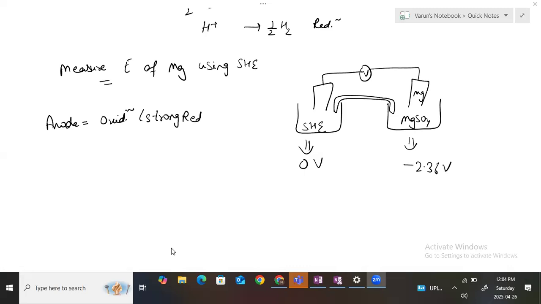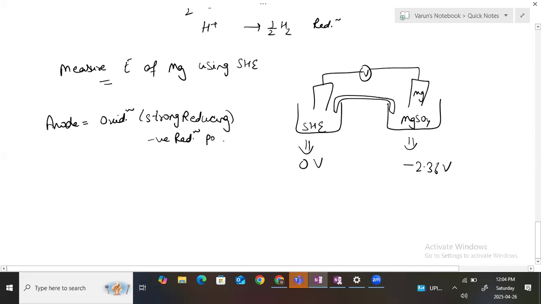Anodic one, just for oxidation, will be the strong reducing agent. The one that is strong reducing will have the negative reduction potential because it is undergoing oxidation.